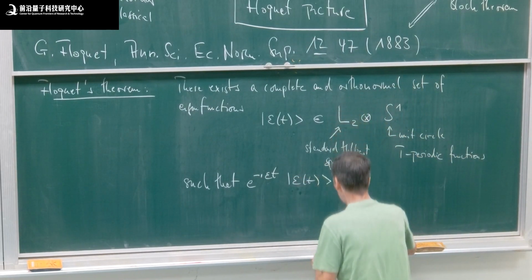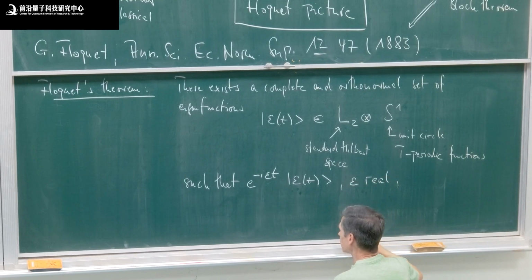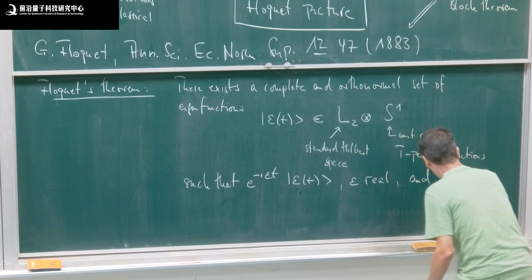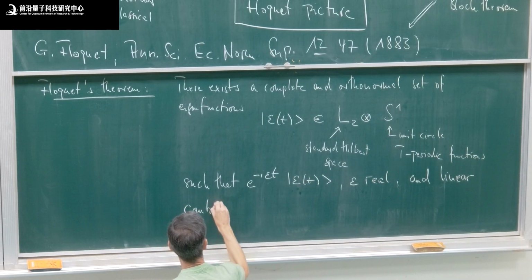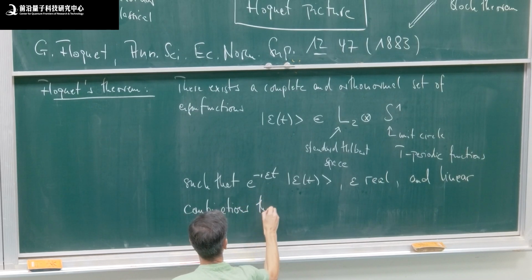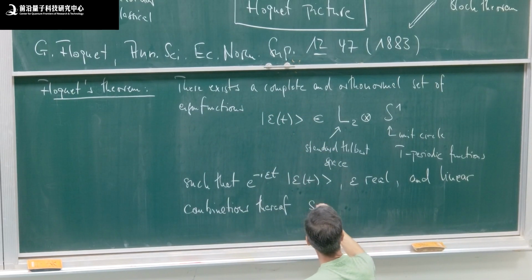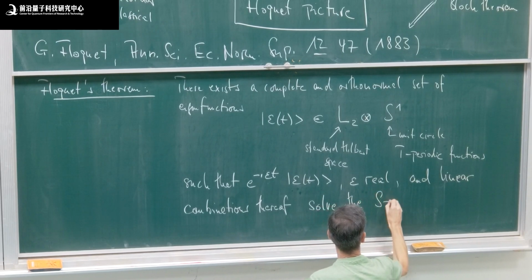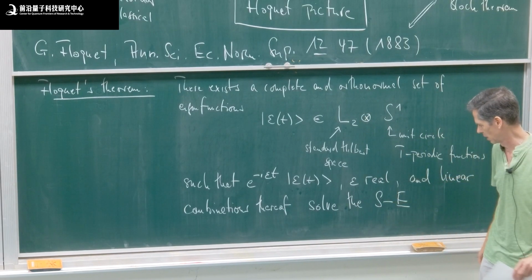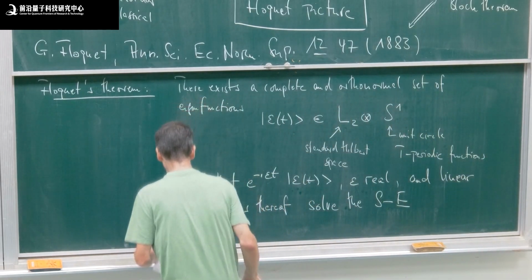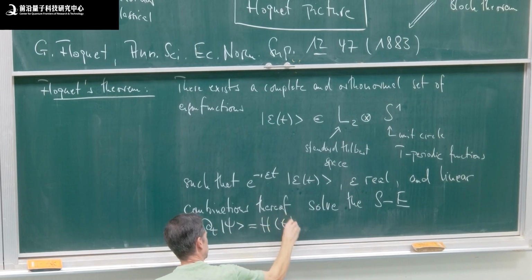I just write that they are real, epsilon real, and linear combinations thereof solve the Schrödinger equation, SE for short: i d_t psi equals H of t psi.